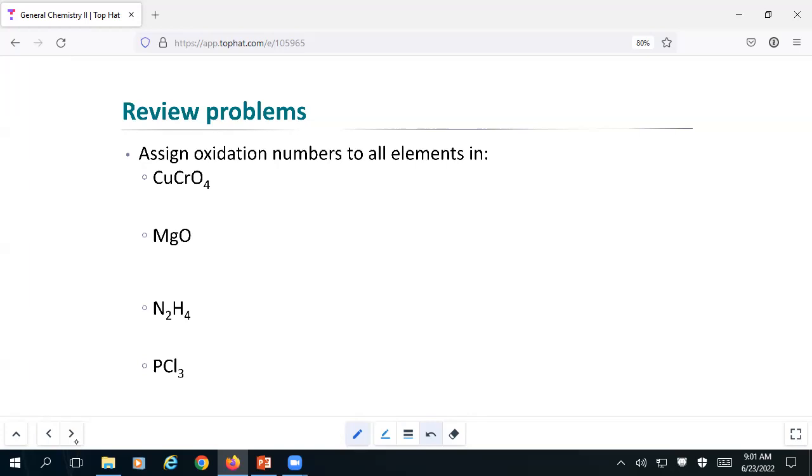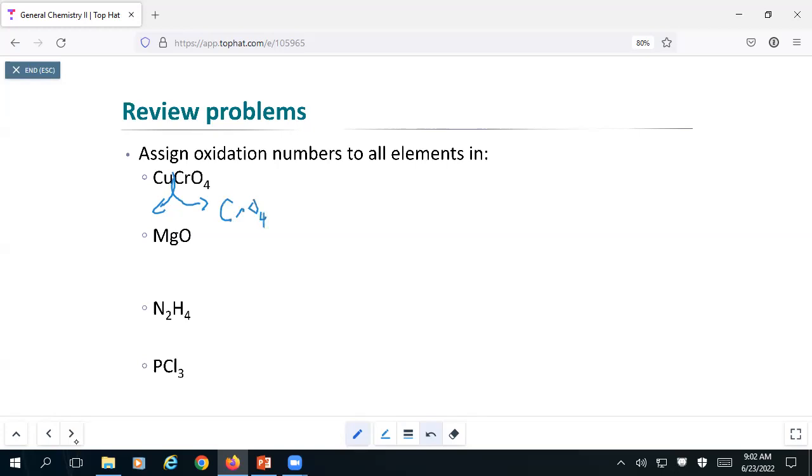Now, one thing that we can notice when we assign oxidation numbers: if we can recognize that we have an ionic compound, like we do in the first two molecules, the first thing that we want to do is split this molecule apart into the ions that make it up. So on the one side, I've got the chromate ion.